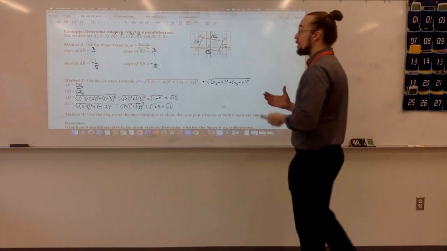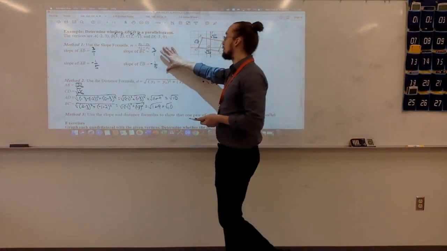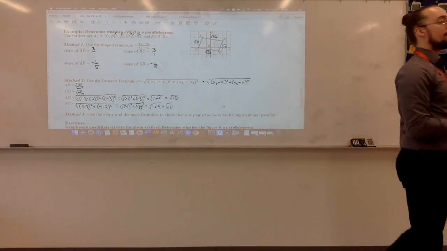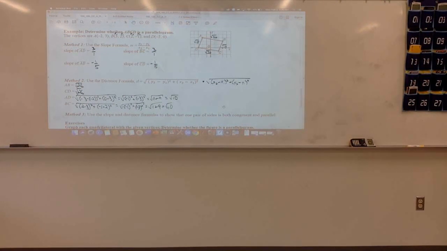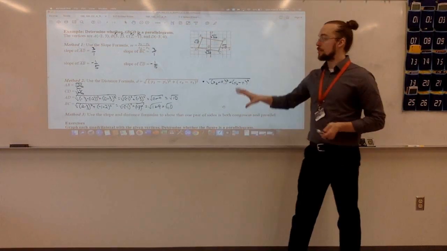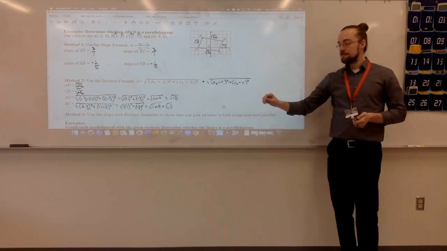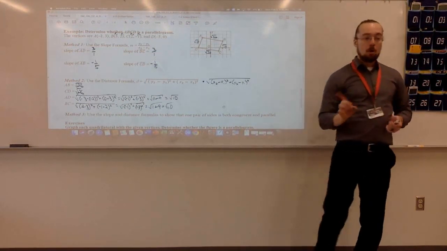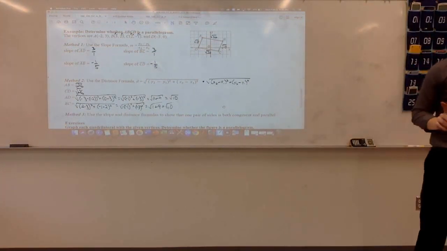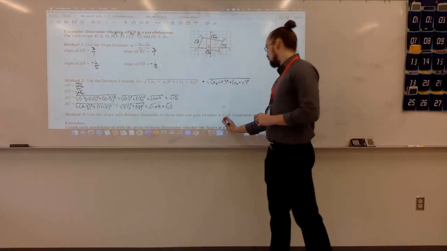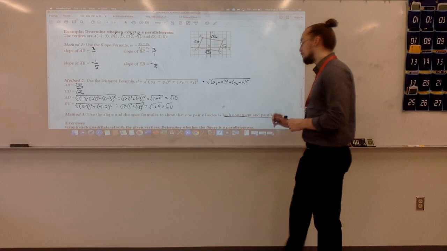So we can either show that opposite sides have the same slope or opposite sides have the same length. Those are our two big ways to prove that something is a parallelogram. Now there is actually a third way that just kind of combines these two, and it's listed down here. It says if we pick out one pair of opposite sides, if I can show that that one pair of opposite sides is both congruent and parallel.